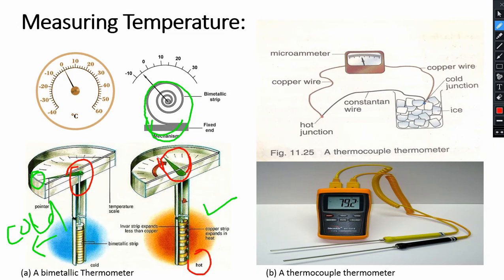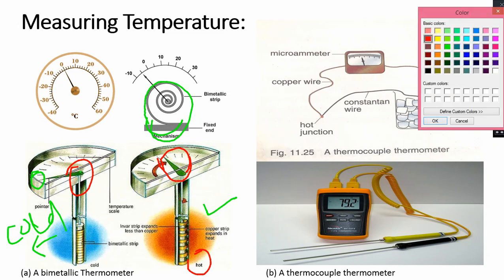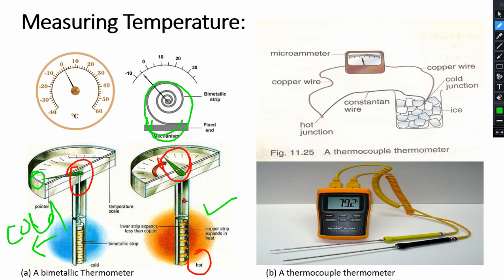Now look at the thermocouple thermometer. In a thermocouple thermometer, they are using electric current. Let's look at how they are doing it. There are two junctions in the thermocouple. One junction is here and the other junction is here.